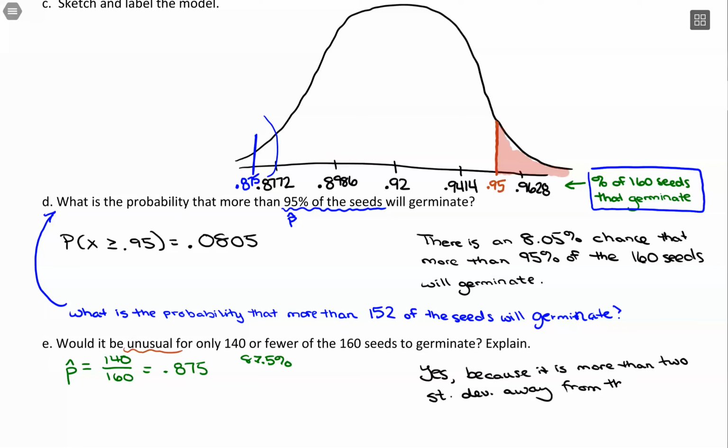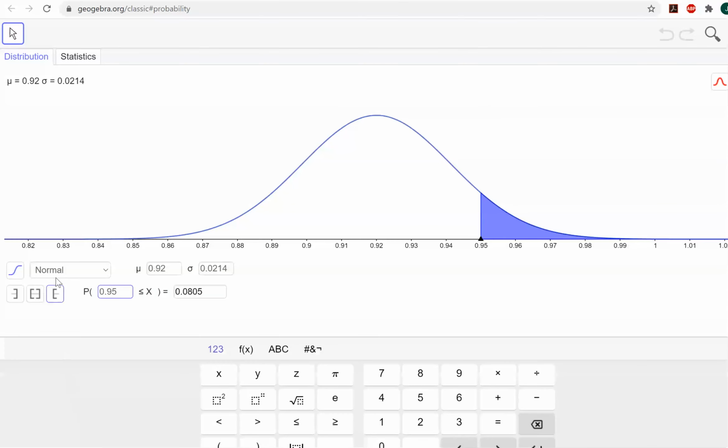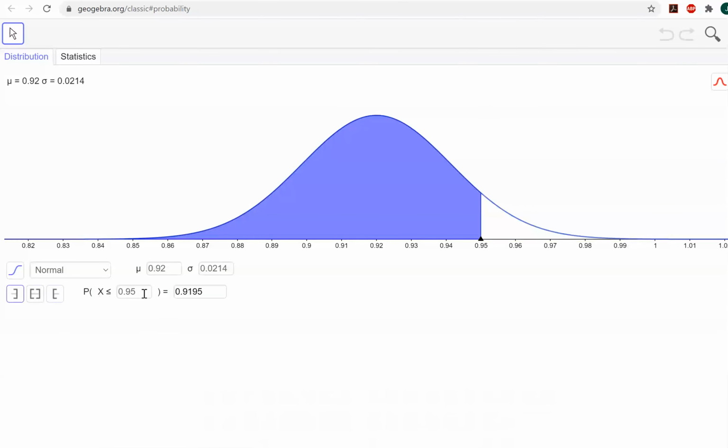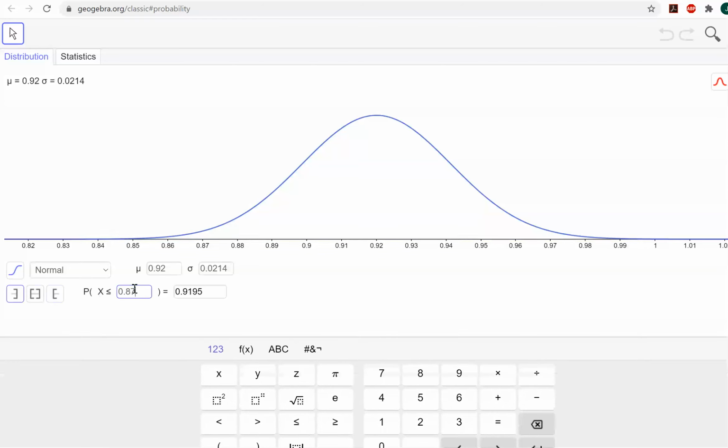You could also look at probability, in that we could have looked at what's the probability of seeing 0.875 or less. So going to GeoGebra and doing a left-sided and then plugging in 0.875, which is a 0.0177. So less than 2% chance of occurring.